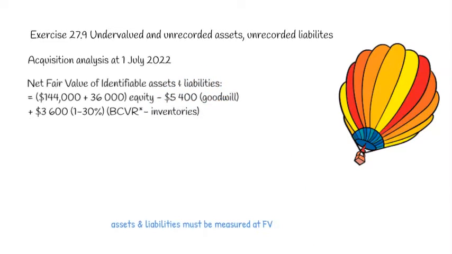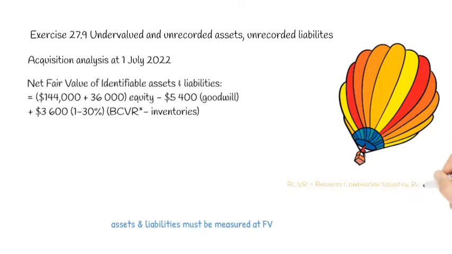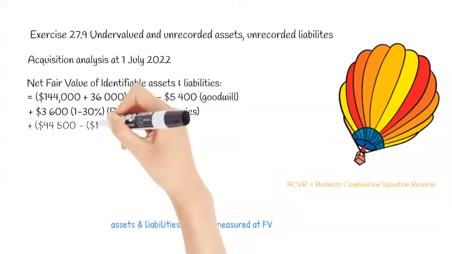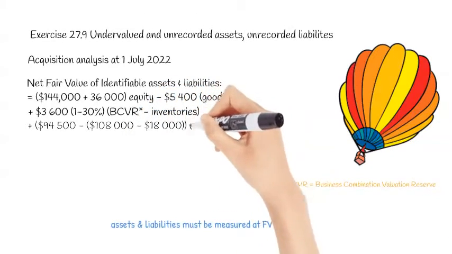It's an upward revaluation of 3,600, therefore we plus 3,600 net of tax, and that will go into the BCVR. BCVR stands for Business Combination Valuation Reserve. The same applies to equipment.